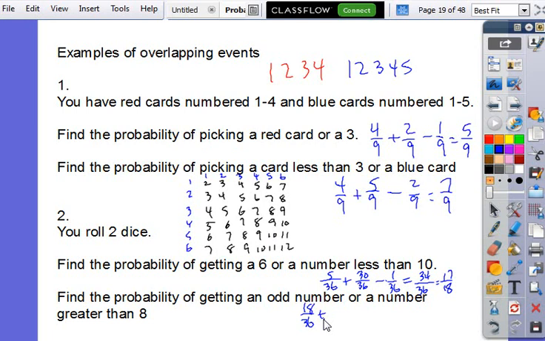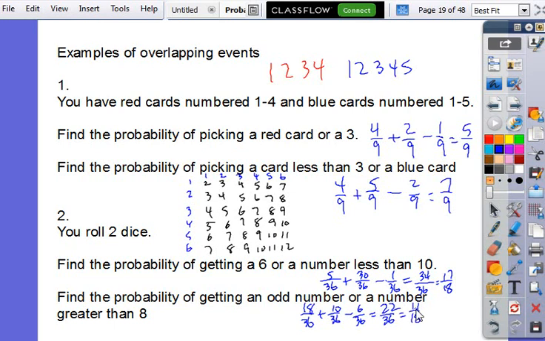Minus the odd numbers that are also greater than 8. How many odd numbers are greater than 8 up there? I got my 4 9s right here and then 2 11s, so that would be 6. So that's 28 minus 6 is 22 over 36. Get 11 over 18.